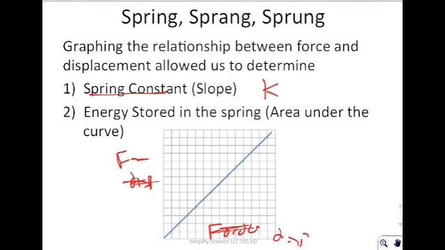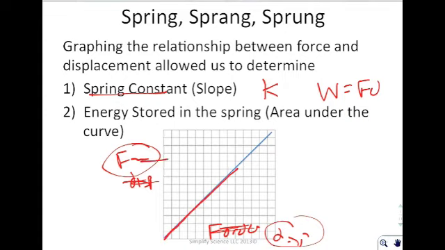Now, whenever we're trying to figure out what the energy stored is, the energy stored is going to be the force times the displacement. Well, that's how we calculate work. Work is force times displacement. But the problem that I run into for a spring is that the force was not always this value in order to get to this displacement. Instead, the force increases in order to get to that particular point. So when I'm trying to solve for the work, I can't just do this force times this distance.